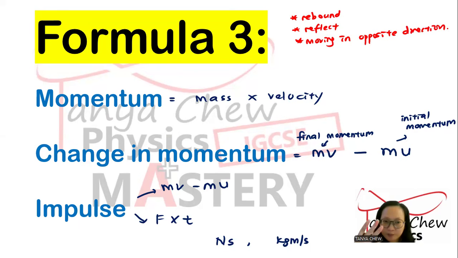You have to do some modification. Because the direction has changed, you have to put positive to one direction and negative to the other direction. So be extra careful on that.